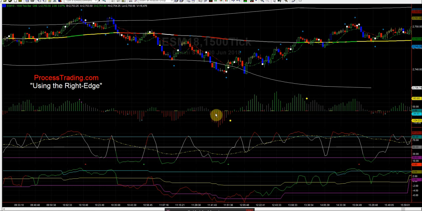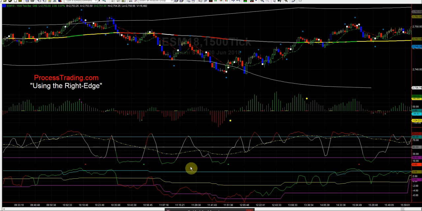I think that if you watch all these videos, you're familiar with the processtrading.com indicators. This is the Intergy indicator indicated by green demand bars, and the gray bars show weakness whether they're in the green or the red, and the red shows supply.